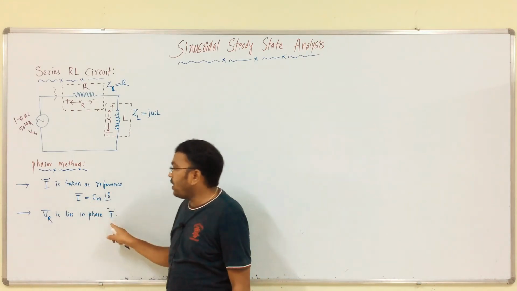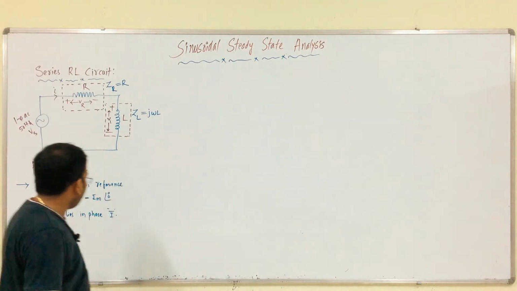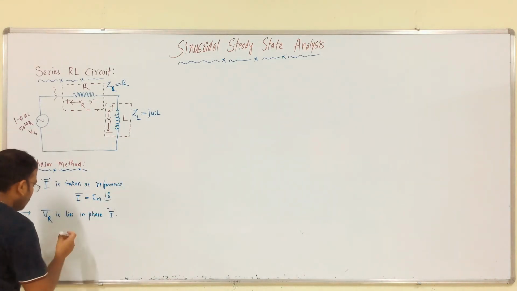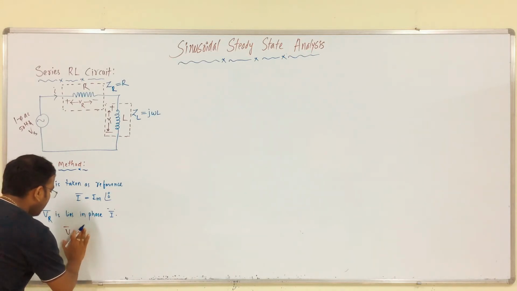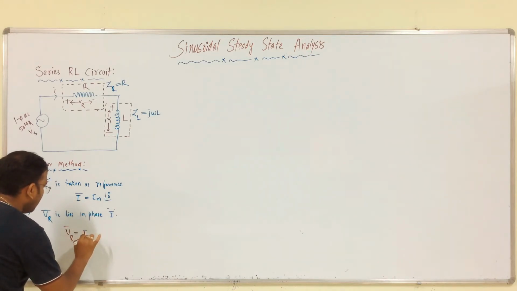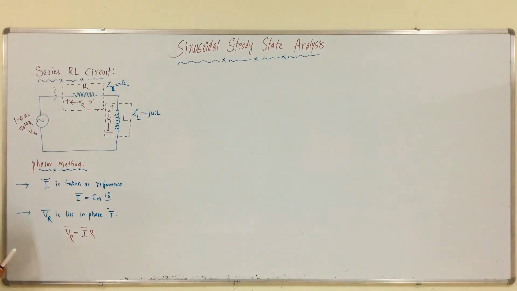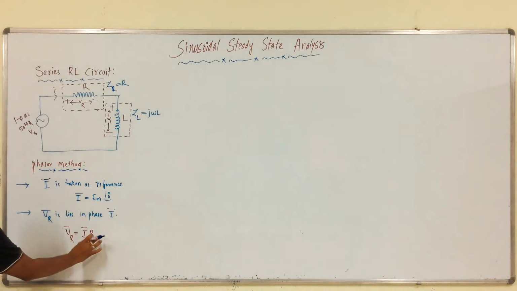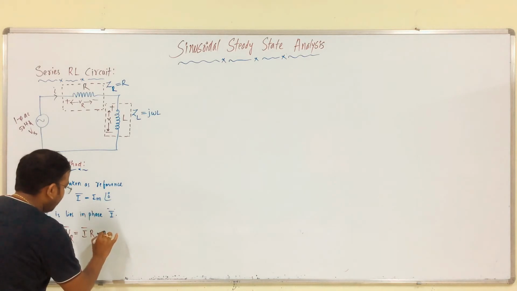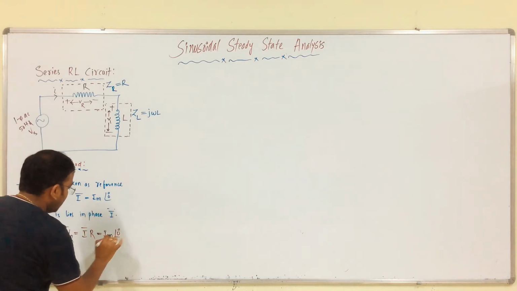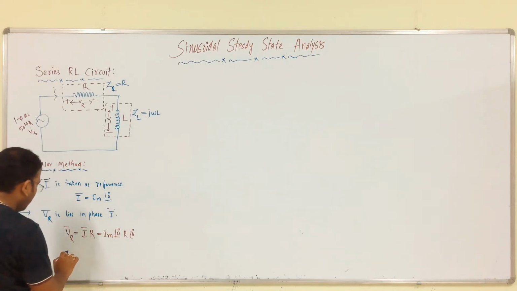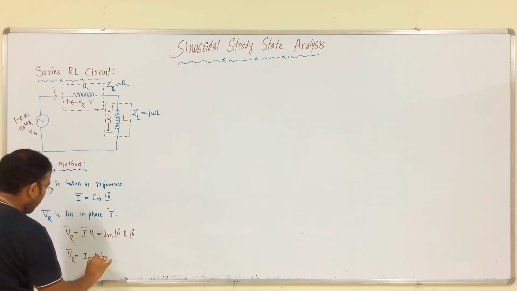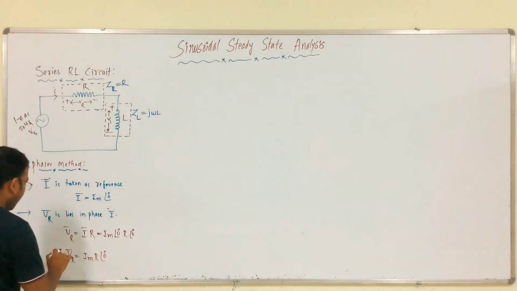Therefore, these two are in phase with each other. Clear? That is, VR is equal to I into R, which is nothing but Im at an angle 0. So from this we have Im into R at an angle 0. Clear?